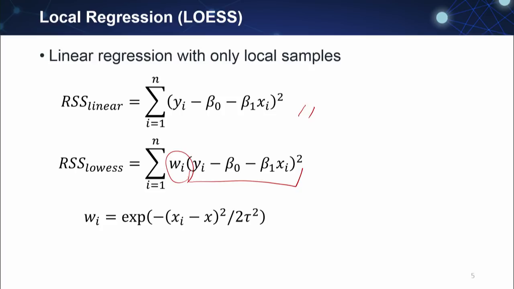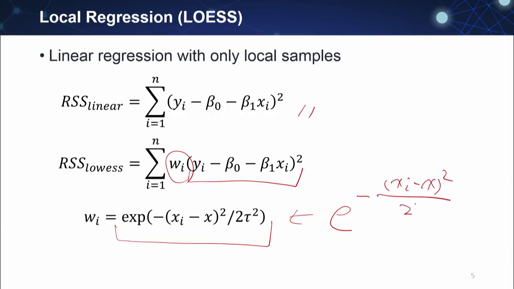This weight Wi is often defined in the normal distribution form, something like this. If we rewrite this, it is e to the minus (xi minus x) squared over 2 tau squared. So this is very similar to the equation for the PDF of a normal distribution.